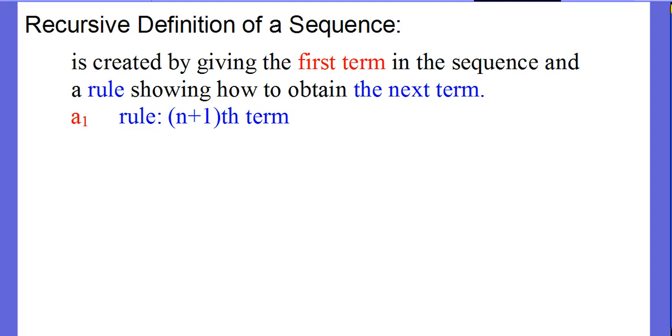It's like a brick fence. You have to have the bottom ones to get to the next layer, and then you have to have the next layer to get to the third layer. So it's just building on itself. I've kind of color-coded here. The first term would be considered your A sub 1. And then the rule that shows you the next term would be the rule for the n plus 1th term.